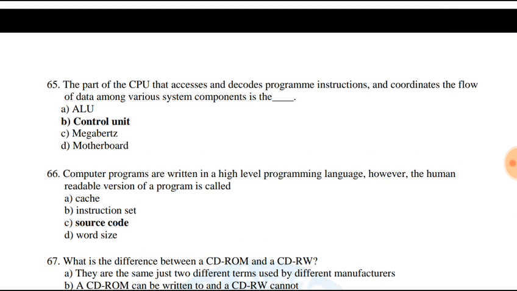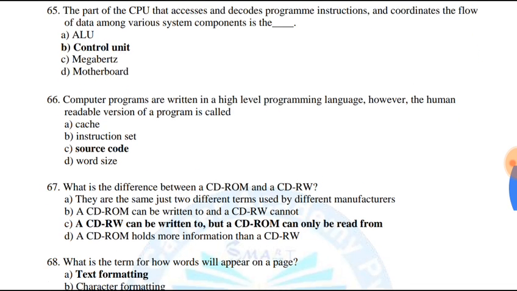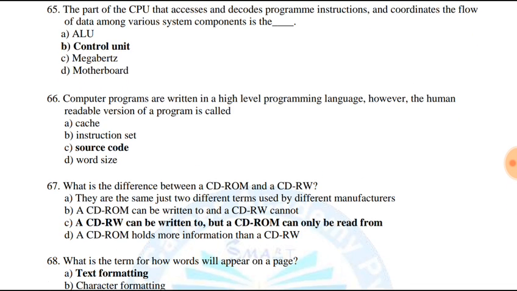The part of the CPU that accesses and decodes program instructions and coordinates the flow of data among various system components is the control unit. Computer programs are written in a high level programming language. However, the human readable version of a program is called source code. What is the difference between a CD-ROM and a CD-RW? A CD-RW can be written to, but a CD-ROM can only be read from.